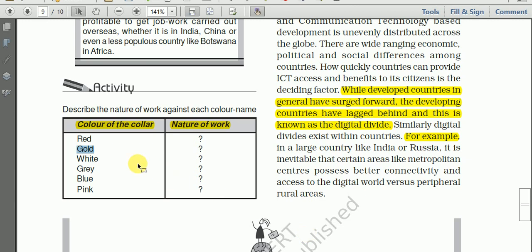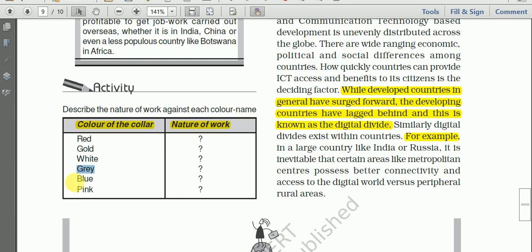Then white collar workers are people engaged in tertiary activities. Then gray collar workers are people engaged in IT, that is IT workers and skilled technicians.